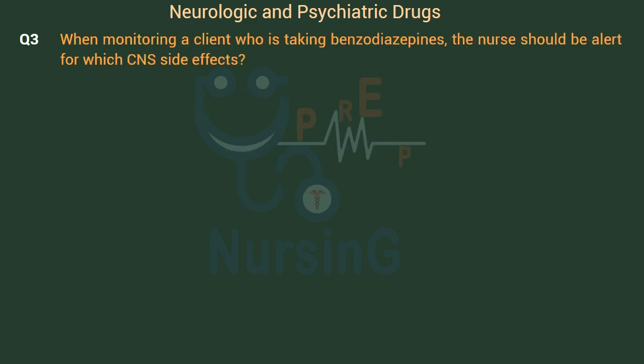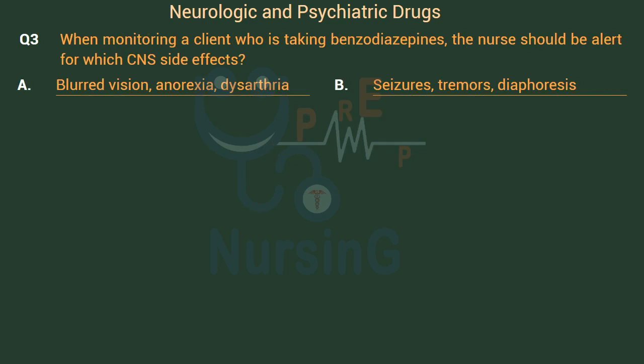When monitoring a client who is taking benzodiazepines, the nurse should be alert for which CNS side effects? Option A. Blurred vision, anorexia, dysarthria. Option B. Seizures, tremors, diaphoresis. Option C. Ataxia, sedation, dizziness.